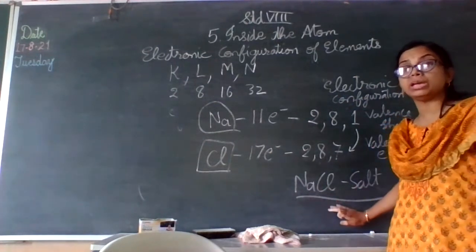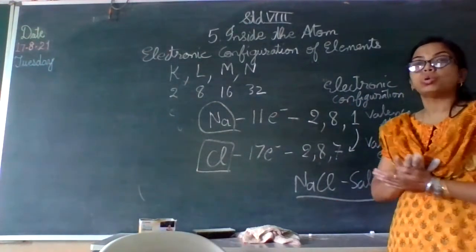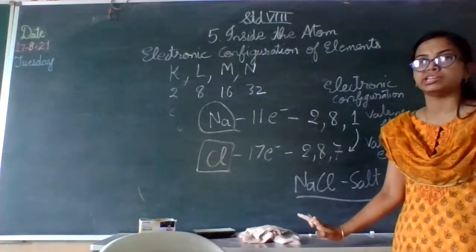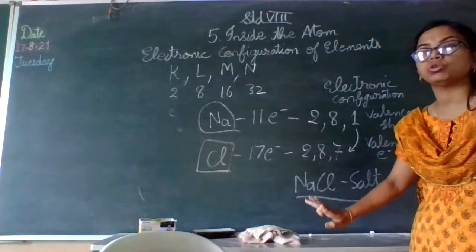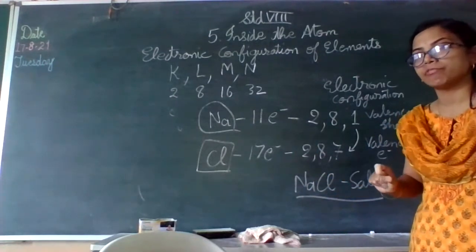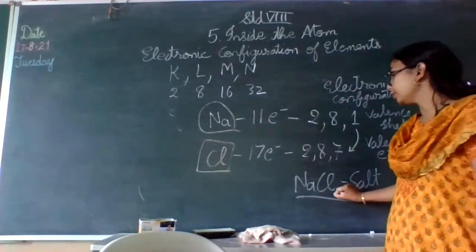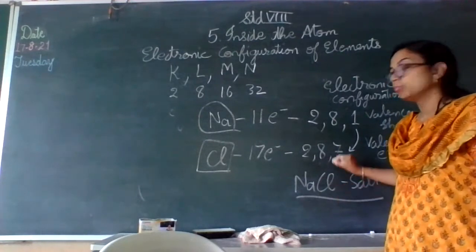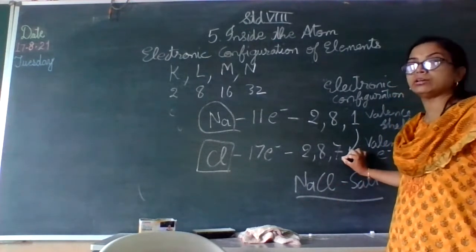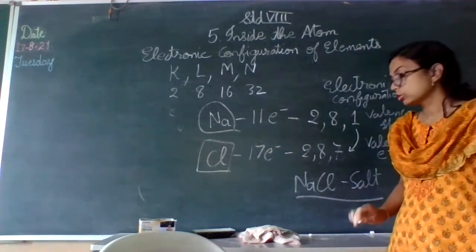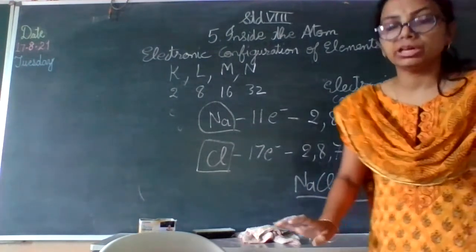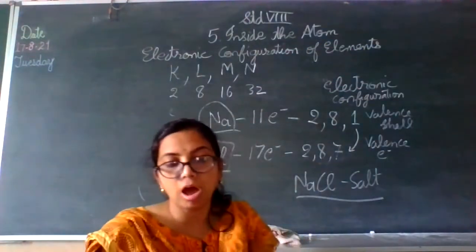So after becoming a compound, you see, the total properties have changed. Now this molecule is not going to go and react with someone, because it is a stable molecule. You can see the chlorine atom is also satisfied and sodium is also stable by giving away its 1 electron.